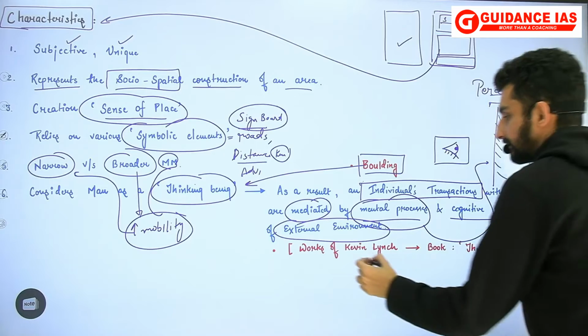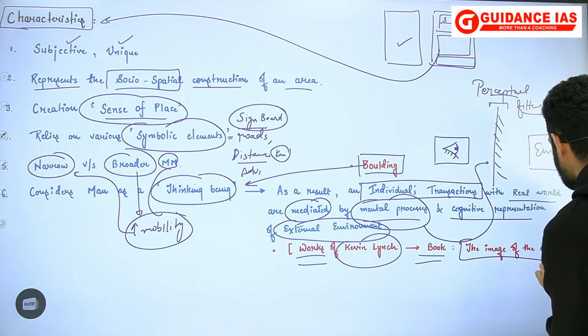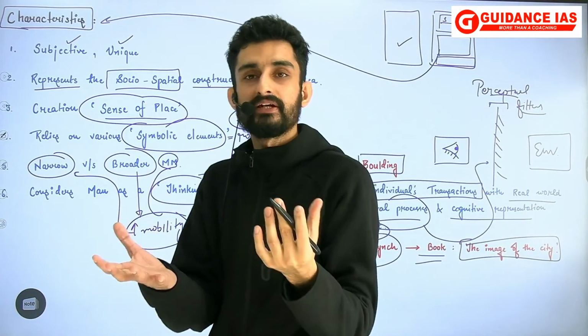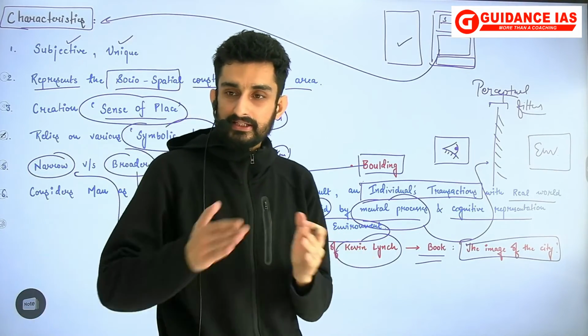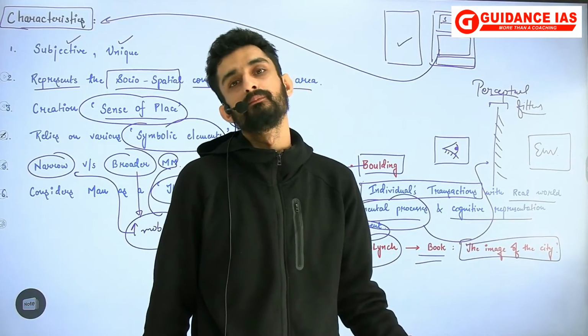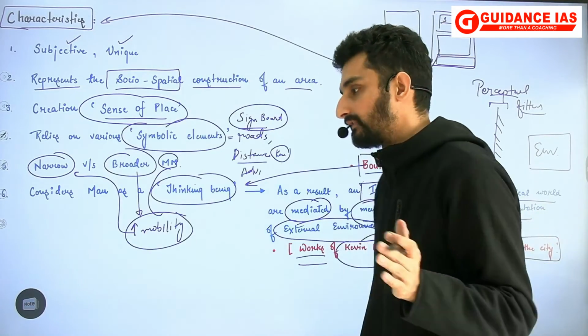And the work of Kevin Lynch in his book The Image of the City can also be written. So he said that the image of a city is also very dynamic, and very variable in time and space. It keeps on changing, it keeps on becoming better. At the same time, there are instances where it becomes poor, a negative image with regards to the city. So let's take the example of Wuhan.